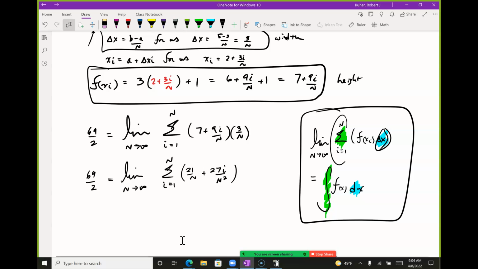Now, I want to split this into two sums. So I'm doing the limit as n goes to infinity of two sums: the sum of 21 over n plus the sum of 27i over n squared.